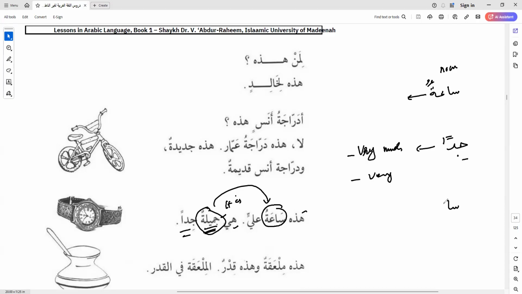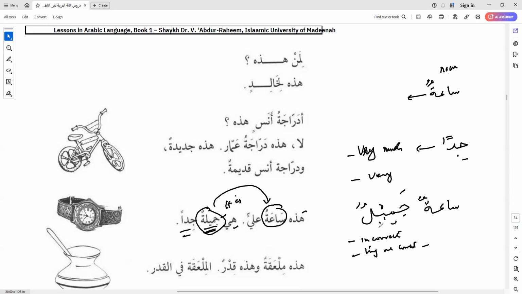But if you say sa'atun jamilun, you are incorrect grammatically, but linguistically, you are correct. That is to say, linguistically, you can be understood, right?